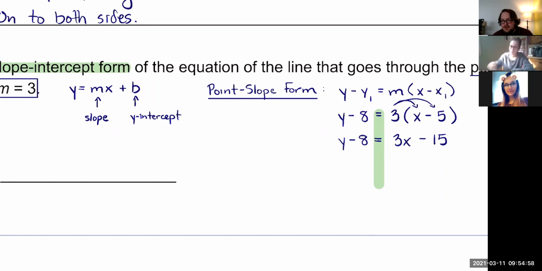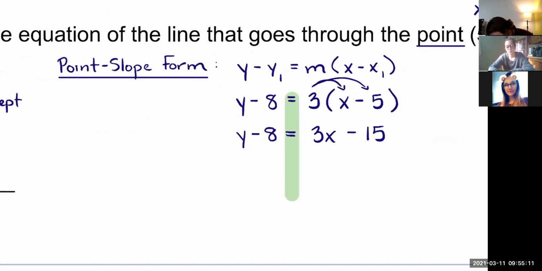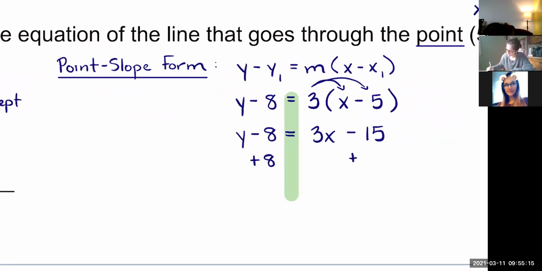Anything different jumping out right now? There's a negative 8 with the y, whereas y is usually by itself. How would you get that negative 8 out of there? So add that 8 to both sides.